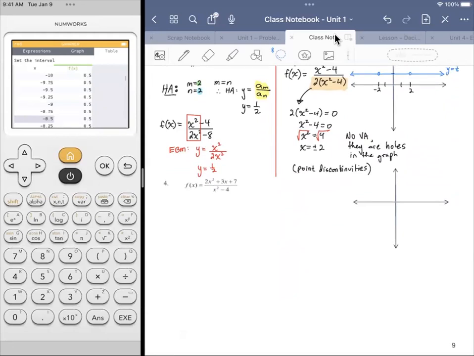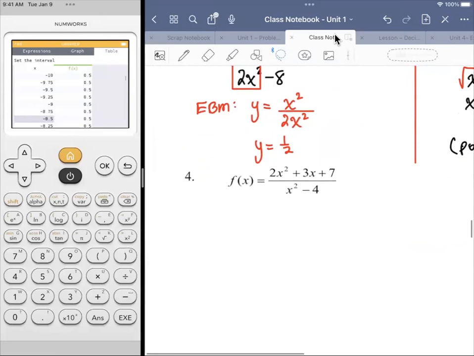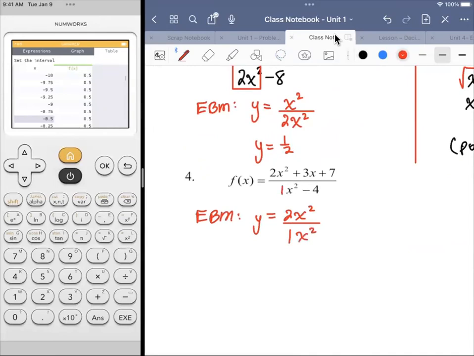Number 4. Not as nice as number 3, but perhaps it is factorable. We don't know. But I can get the end behavior just by addressing the first two terms, top and bottom. So for my end behavior model, I would take y equals 2x squared and divide it by 1x squared, the understood coefficient of 1 here.